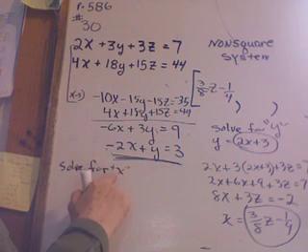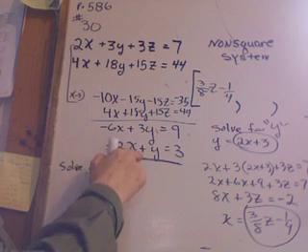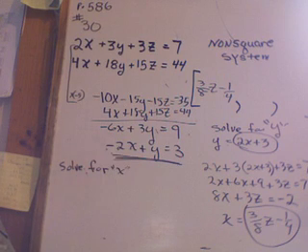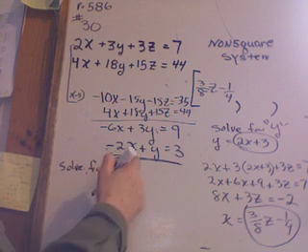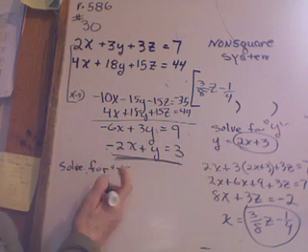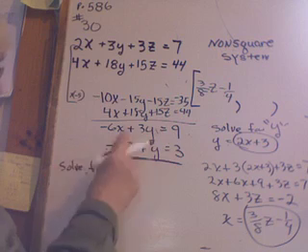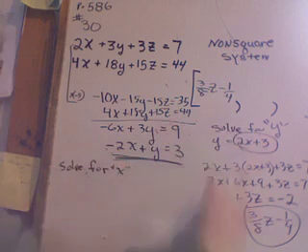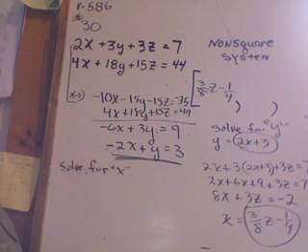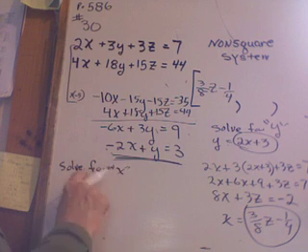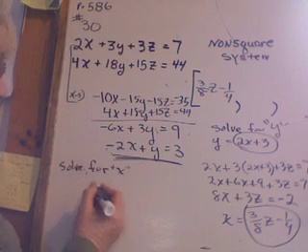Now, we're going to take this same equation again, and this time we're going to solve it for x. Remember the first time we solved it for y. So I kind of plan out what I'm going to do before I start doing everything. Sometimes you get carried away and a little bit lost. So now I'm going to solve that for x.